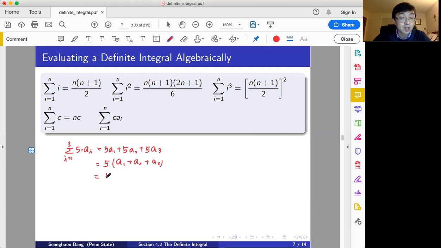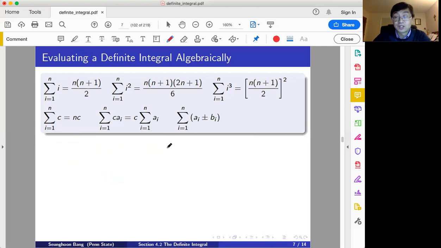Change it back to summation form: the summation from i equals 1 to 3 of a i. So you can take out the 5. This is possible. So the answer is c times the summation from i equals 1 to n of a i. This is the whole idea.